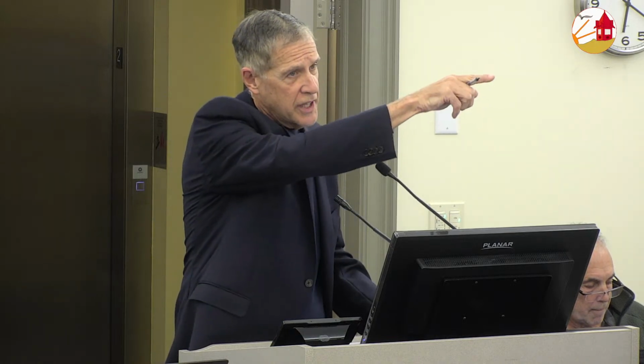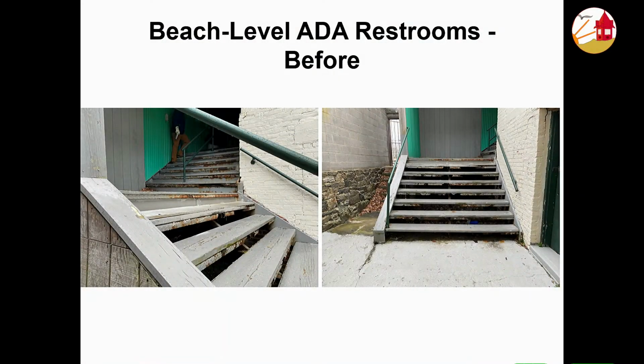Where those stairs led to, there were the old bathrooms. Obviously, they were not handicap accessible. When we did demolition, we recognized that that floor was not tied into the walls around it, and we had to steel reinforce underneath that slab to the tune of about $6,800.